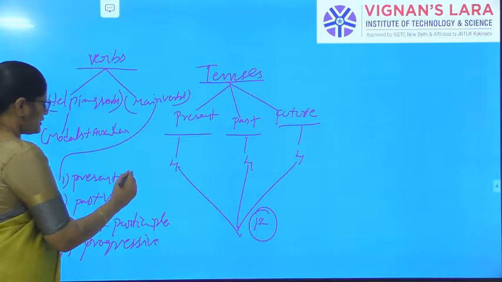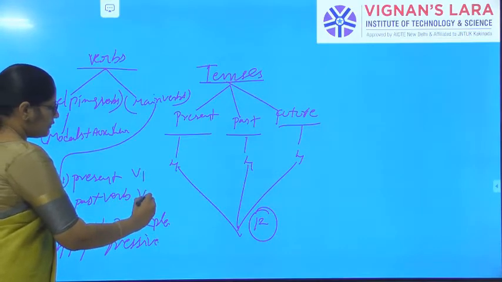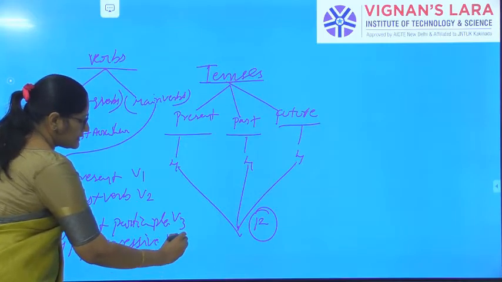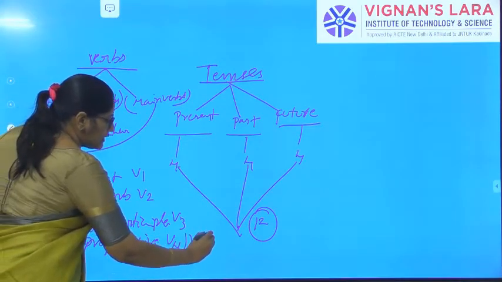We can call them V1, V2, V3, V4. V4 is nothing but V1 plus ing.